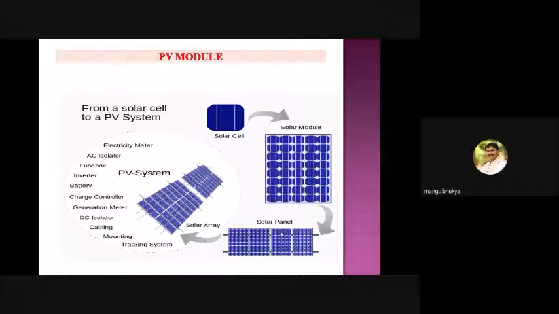To generate that, we require many PV modules connected in series or parallel, and we call that a solar array, a combination of many modules as per our voltage and current requirement.